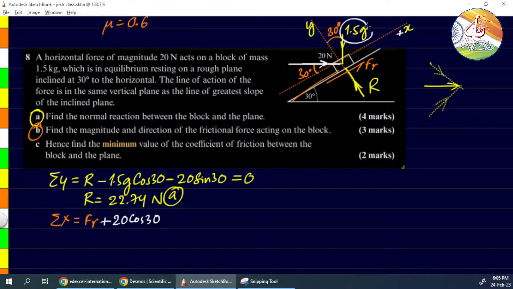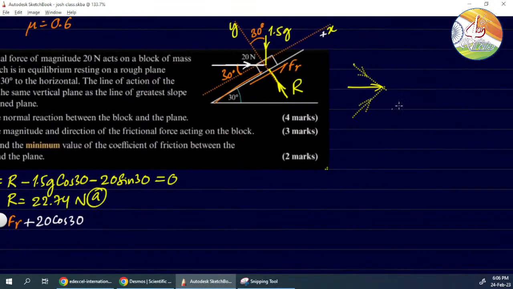Then x component of 1.5g. That 1.5g is acting downwards. Again you have components in this direction and this direction. This angle is given as 30 degrees. Because our force is coming towards the point, the components will also come towards the point. So this force is 1.5g, and this side will be adjacent.